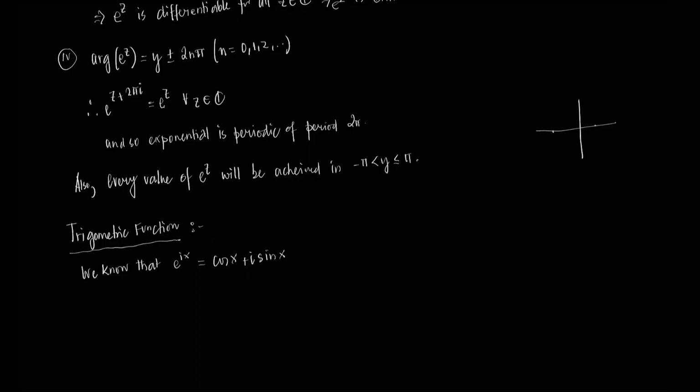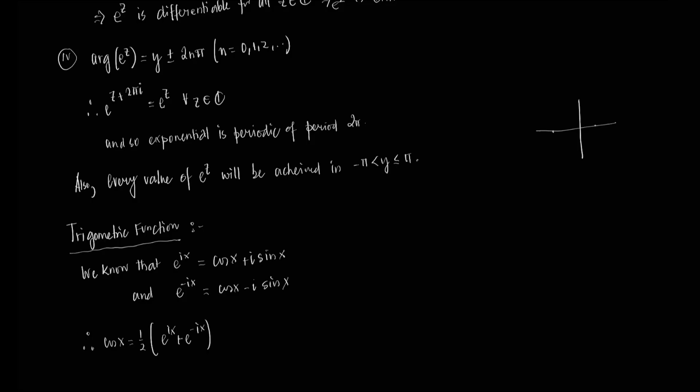And also e power minus ix is cosine x minus i sin x. So if we combine those, we get cosine x is equal to half of e to the power ix plus e power minus ix.